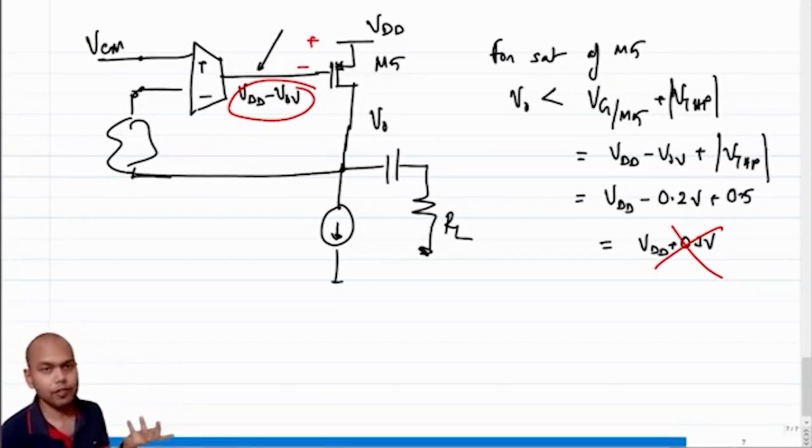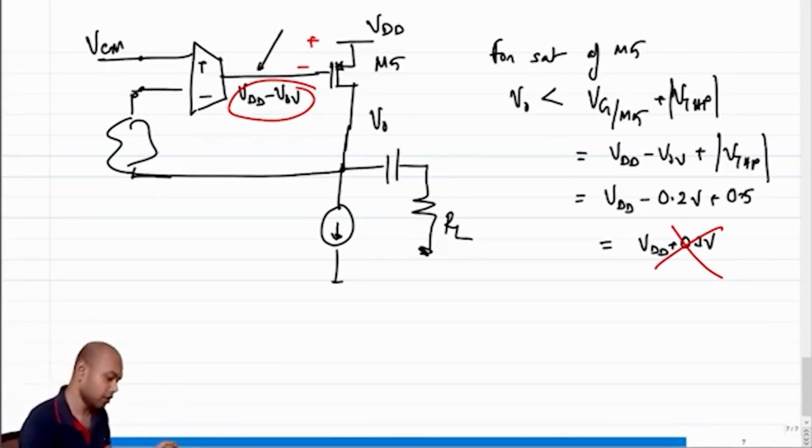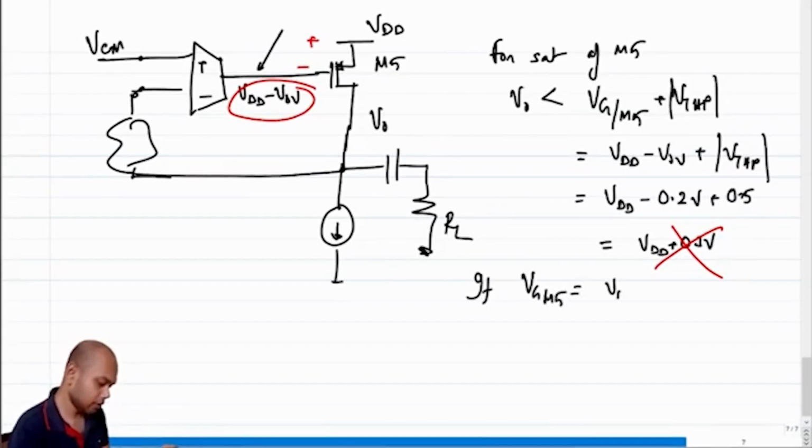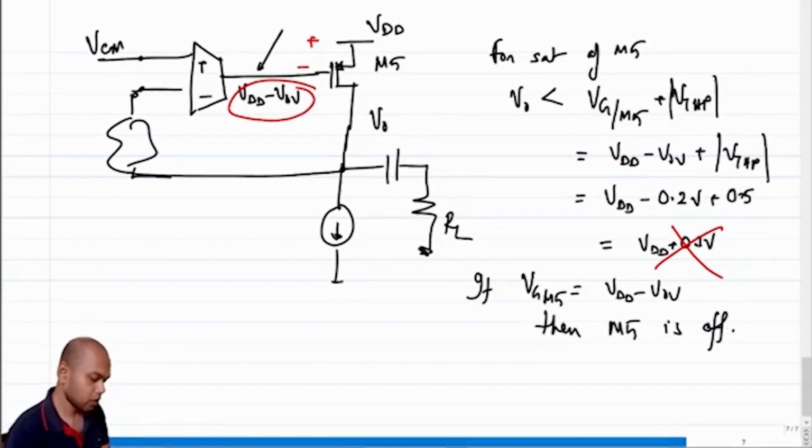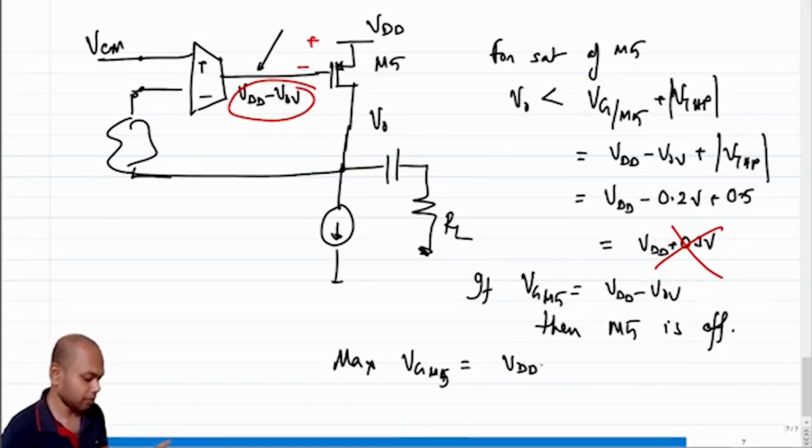The VSG of M5 is V overdrive only, but it has to be threshold voltage plus V overdrive, right? So if VG of M5 is equal to VDD minus V overdrive, then M5 is off. So what is the max VG of M5? Max VG of M5 is VDD minus 1 VSG of M5.